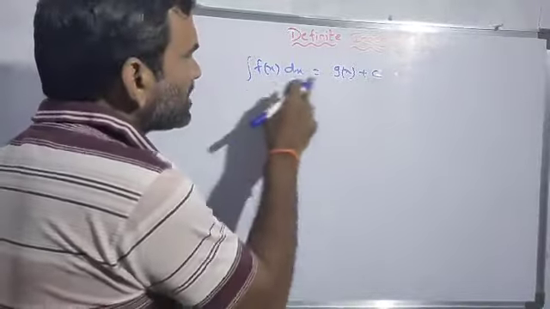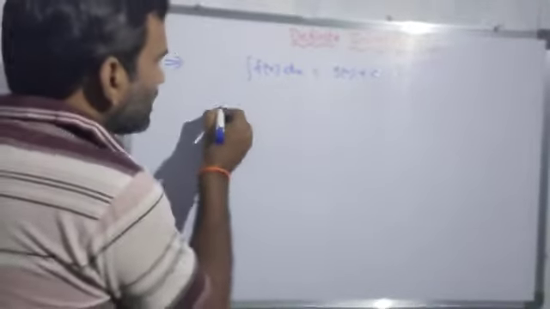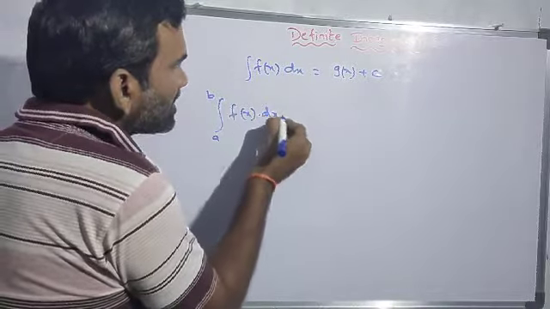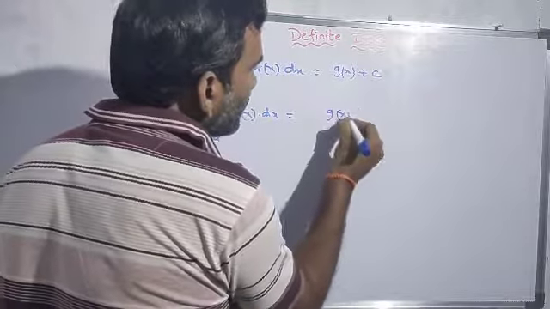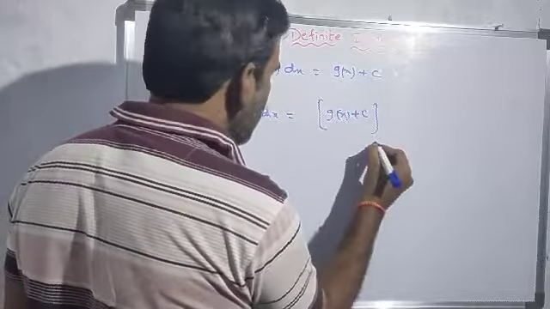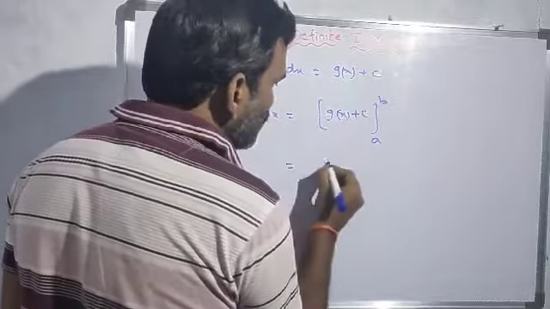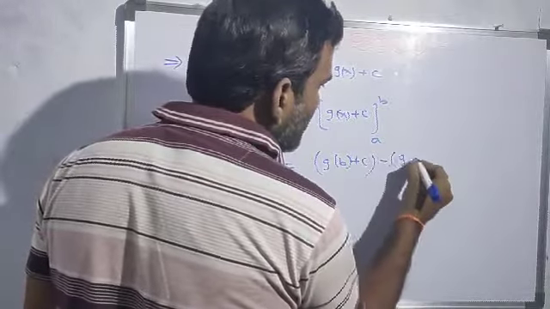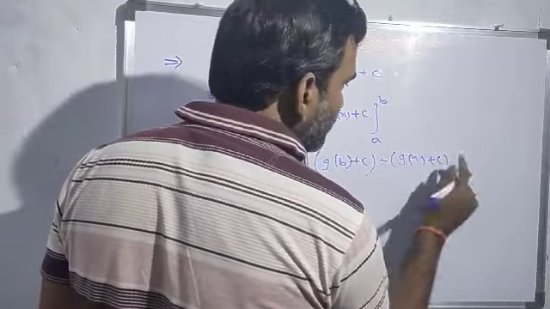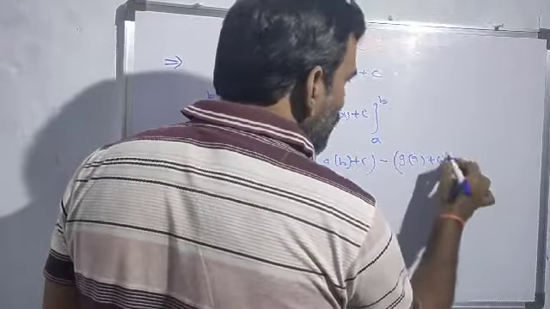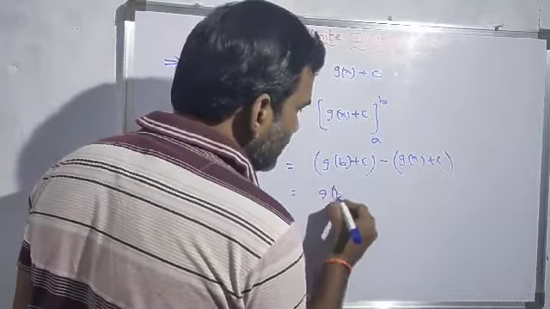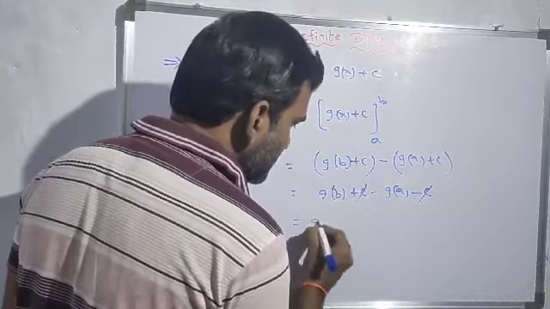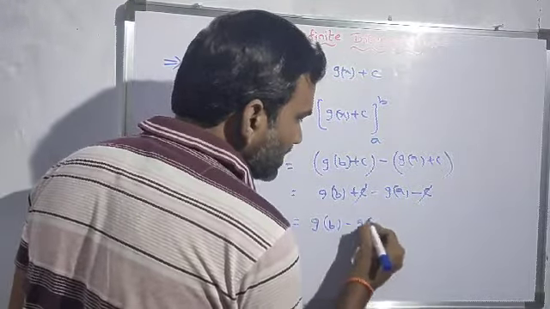So if we take it like this, the integral from a to b of f of x dx equals g of x plus c. Here we apply the limits x from a to b, so we take g of b plus c minus g of a plus c. The plus c and minus c get cancelled, and our final answer is g of b minus g of a.